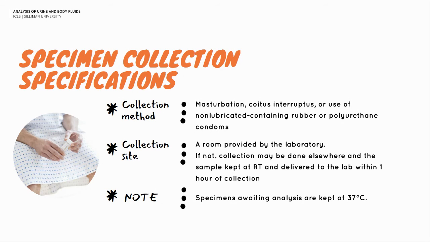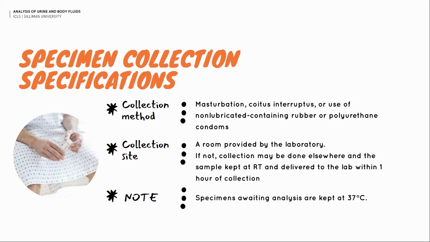The semen, rather. So that is the most common. Coitus interruptus, coitus means sex, interruptus means to interrupt. So you interrupt the sex to collect the semen. This is not advisable because, for example, the partner and the man are having sex, and there are times the man cannot control when the semen comes out, so the procedure can be invalidated.